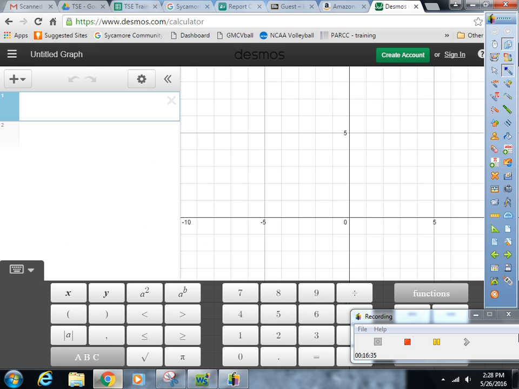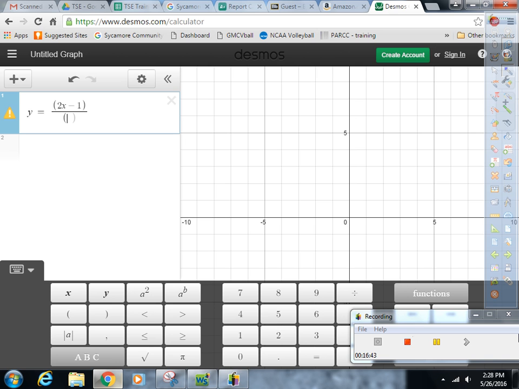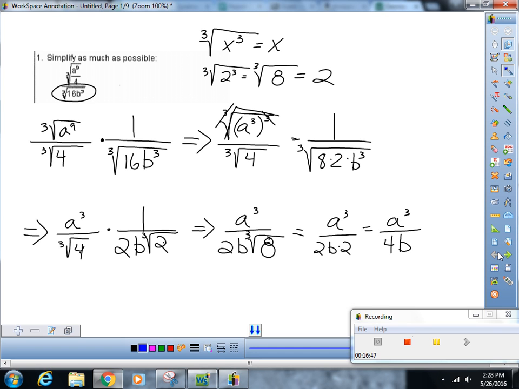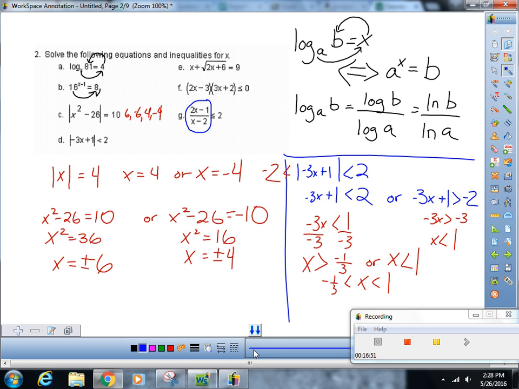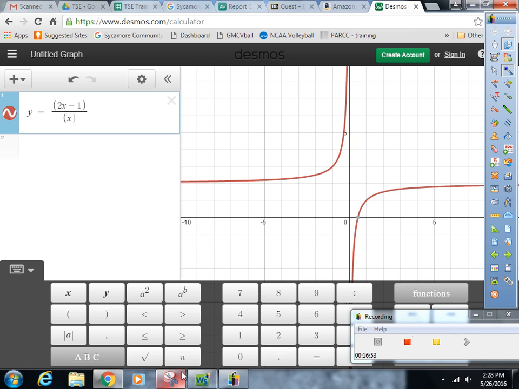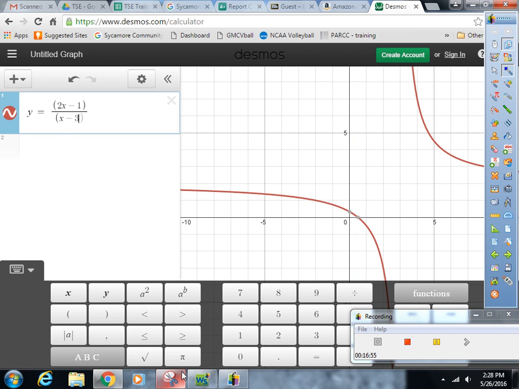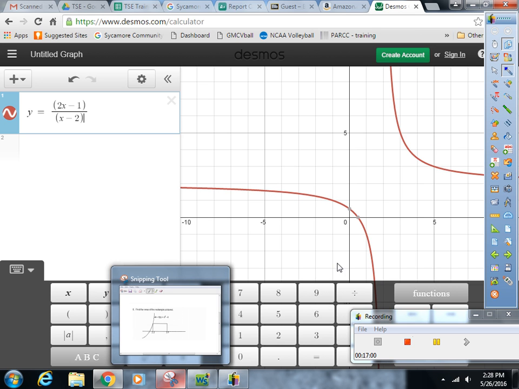So y equals 2x minus 1 divided by x minus 2. Okay, and this is what you get.